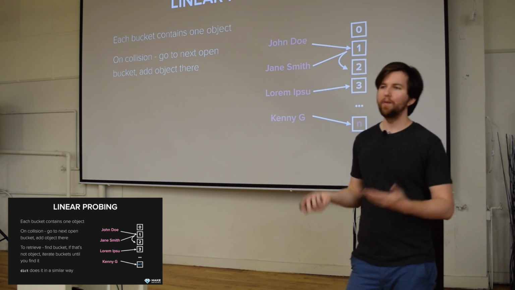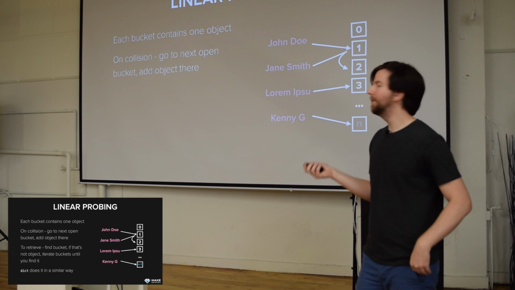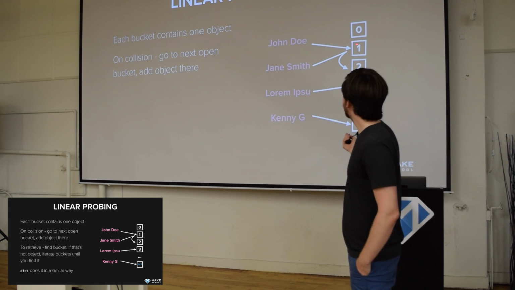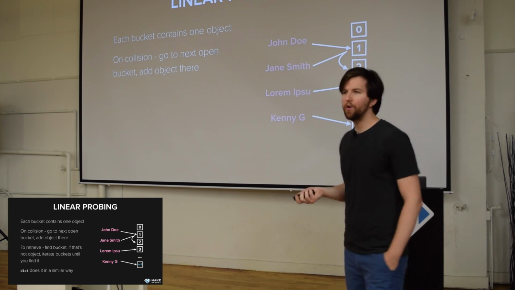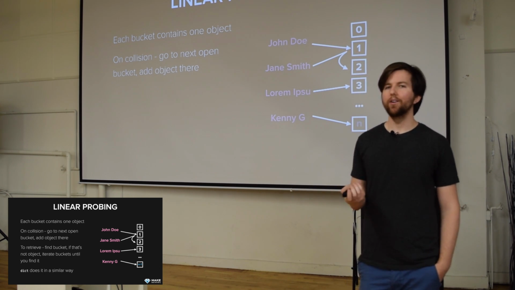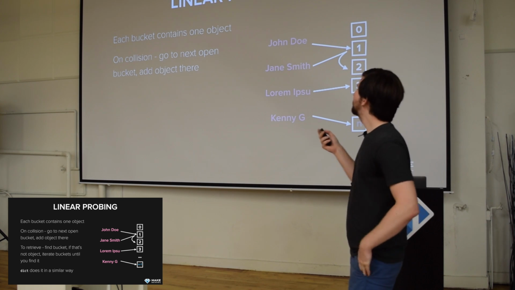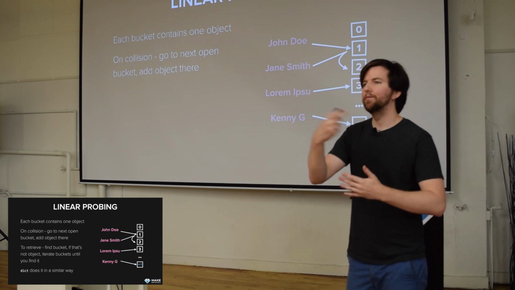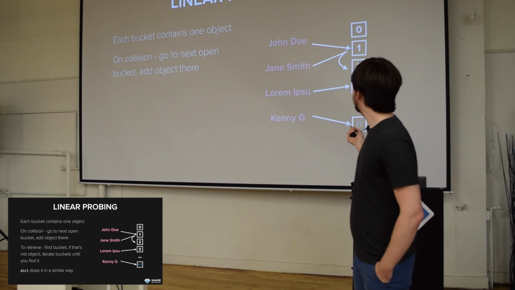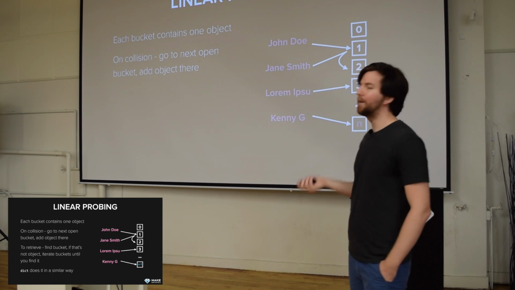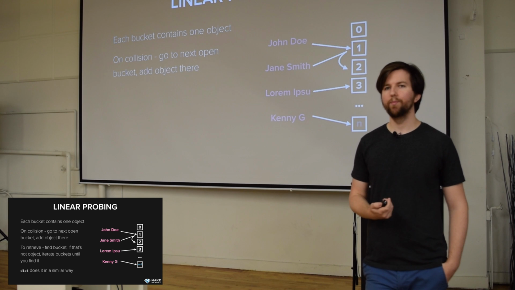So we took the hash, mod the number of buckets, also got 1. But when we checked that bucket to add the value for this key, we saw that it was already full. So we can't add it there. So what we do is we just go to the next bucket sequentially. Bucket 1 was full, so we go to bucket 2. We see that it's empty. We add the item to bucket 2.